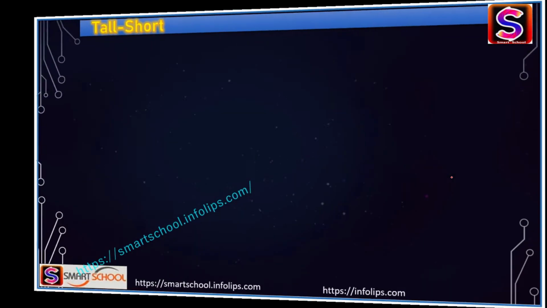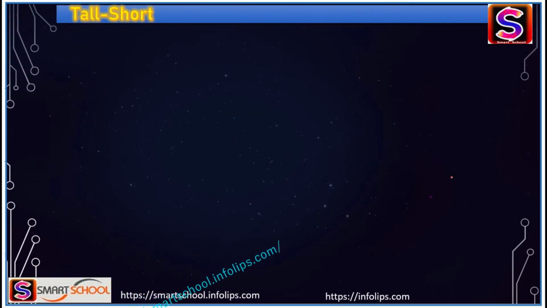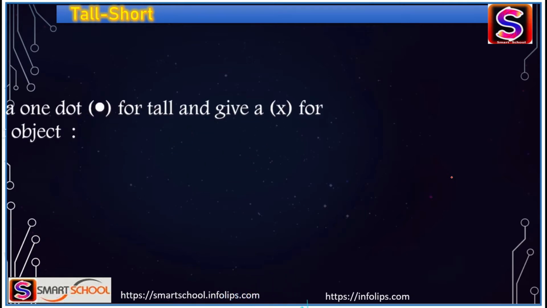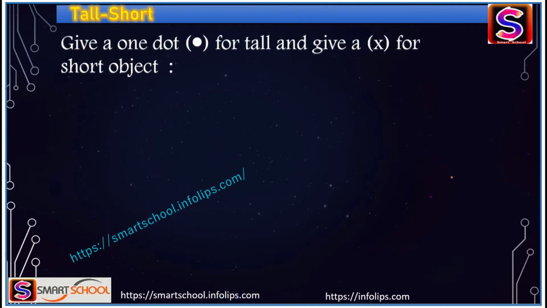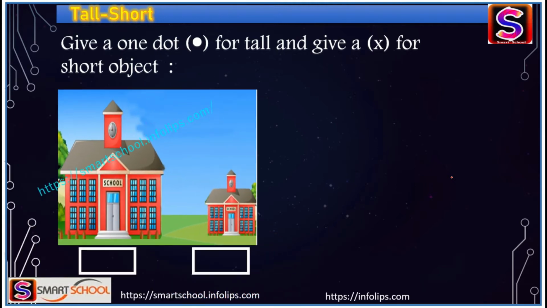Let's see more. Tall and short. Give a dot for tall and give a cross for short object. So see here, there are two school buildings. Which one is tall and which one is short?